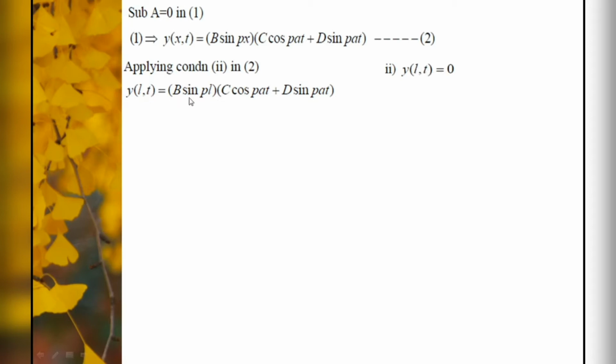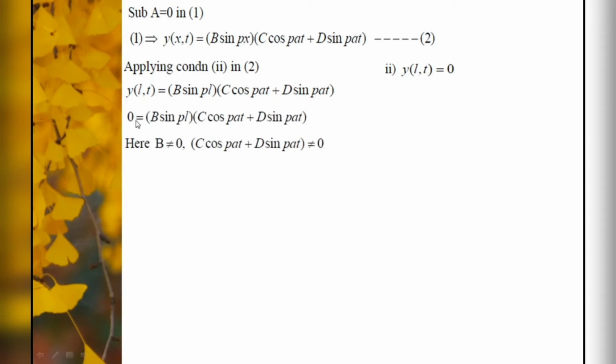Therefore, y of L comma t equal to B sin pL into (C cos pat plus D sin pat). Now you know that y of L comma t is 0. Therefore, B into sin pL into (C cos pat plus D sin pat) equals 0. Already we have discussed that C cos pat plus D sin pat is not equal to 0.